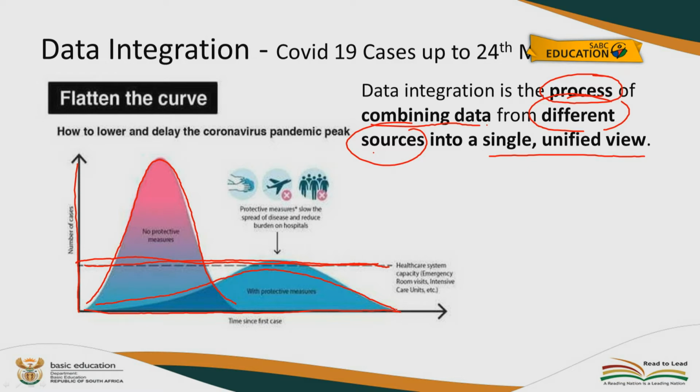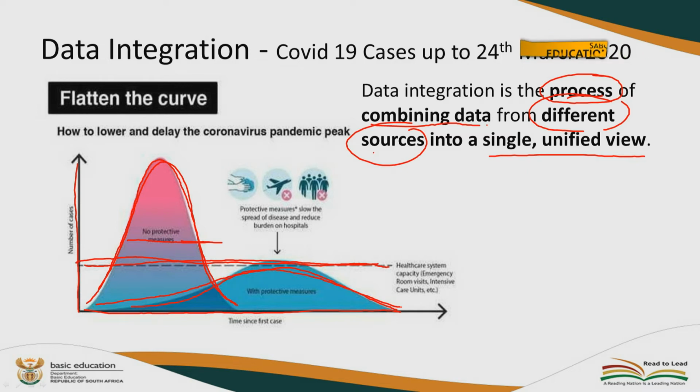If the infection rate goes above the line, as it is in the first graph, you will note that our medical facilities will not be able to cope. If the line is below, then you know that the line is flattening. What does this mean? Our infection rates are lower. See the data integration. Can you see? The data was collected, the status of various individuals in South Africa after being screened and tested.